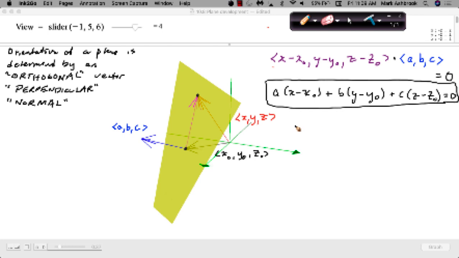We can keep going. And we get what? AX plus BY plus CZ equals. So this would be minus AX naught. I'm going to bring it over to the other side as positive. Is that okay? And this is minus BY naught. I'm going to bring it over to the other side. Is that okay? And CZ naught.